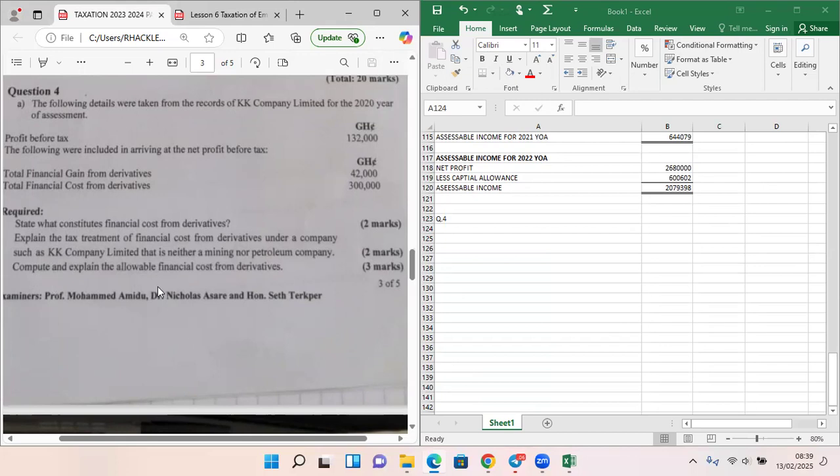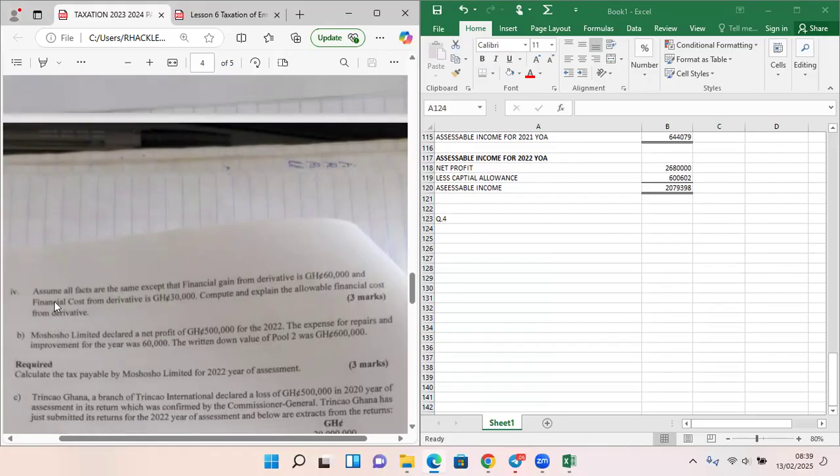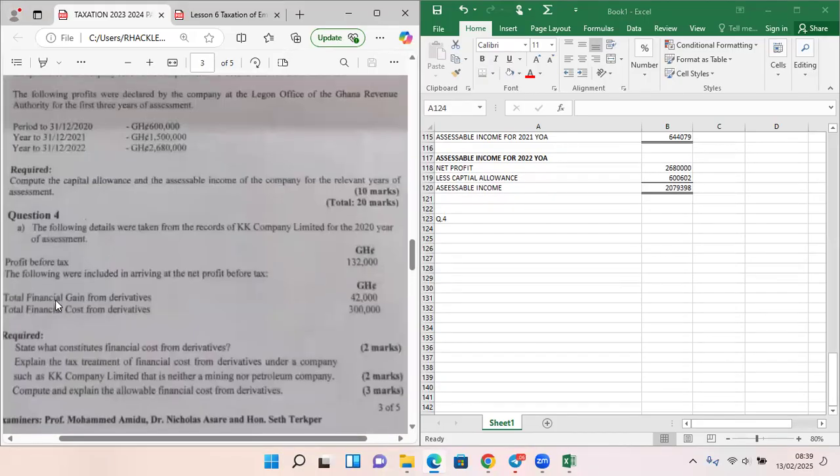And compute and explain the allowable financial cost for derivatives. And then assume that all facts are the same, except that financial gain from derivative is 60,000 and financial cost from derivative is 30,000. Compute and explain the allowable financial cost from derivative. All right, so let's do that one first.